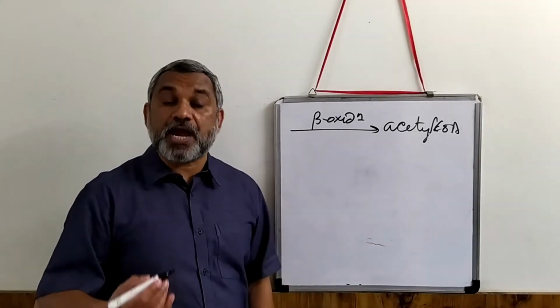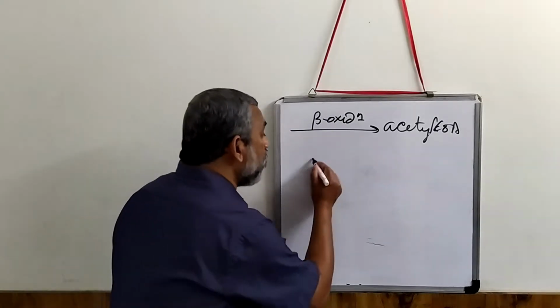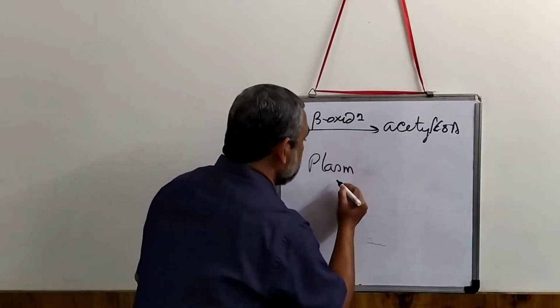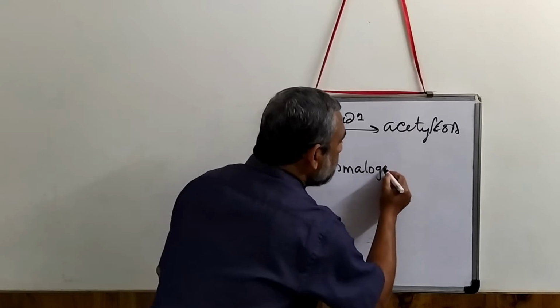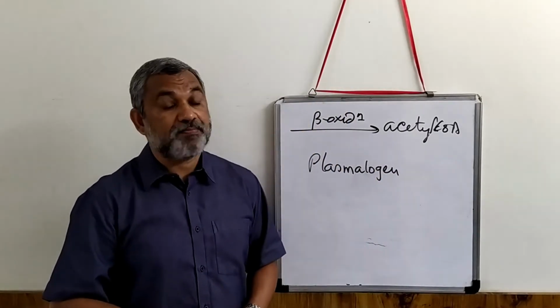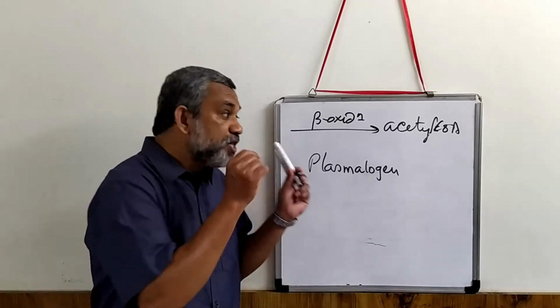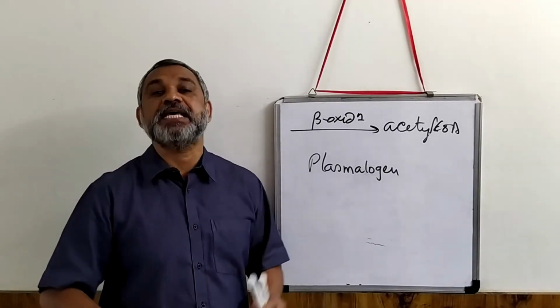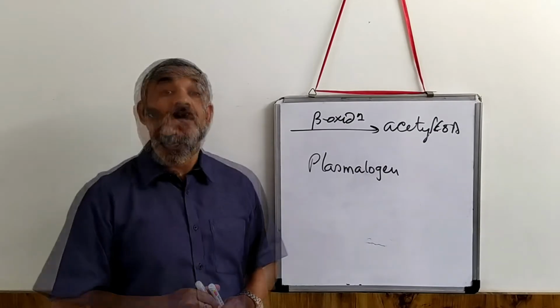Peroxisome is also the location for the first step of plasmalogen metabolism. Plasmalogen is so important for the formation of the myelin sheath. So this first step takes place in the peroxisomes.